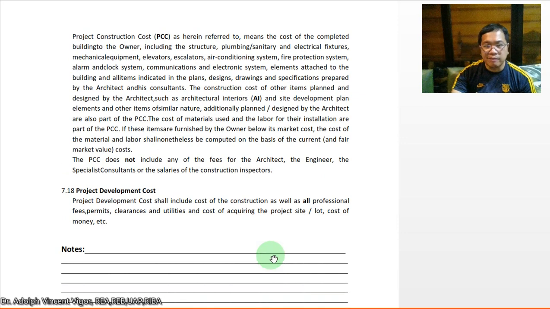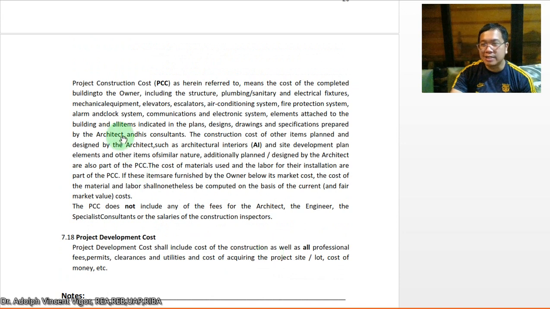Project development costs shall include the cost of the construction as well as all professional fees, permits, clearances, and utilities, and the cost of acquiring the site, lot, cost of money, etc. So you should know, guys, how to differentiate the project construction cost and the project development cost, because there are tricky questions in the board exam related to these two terms. So take note of these two terms, guys.